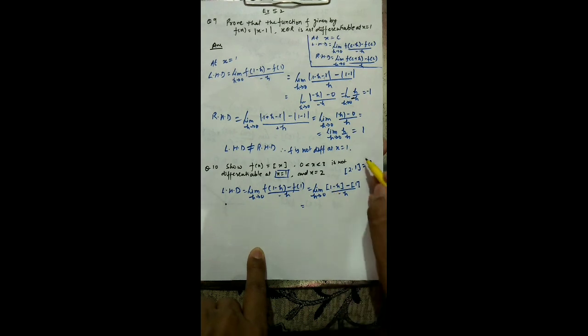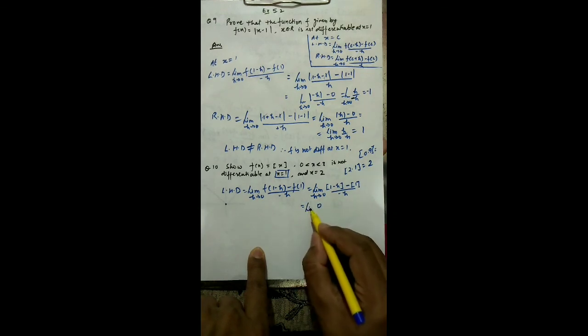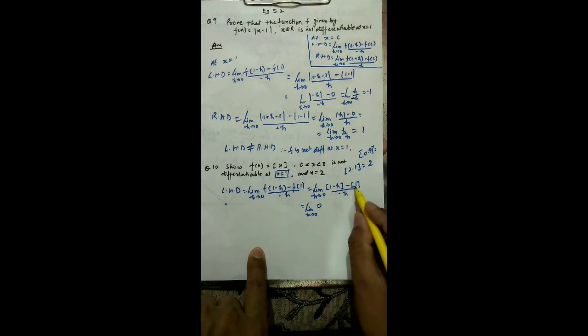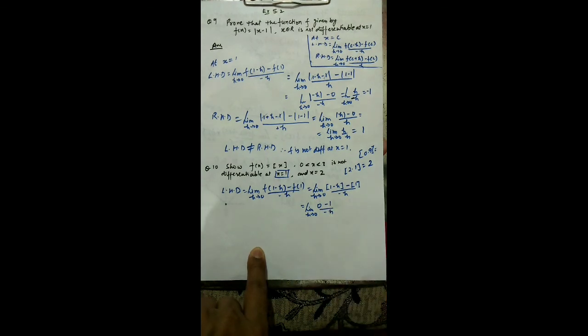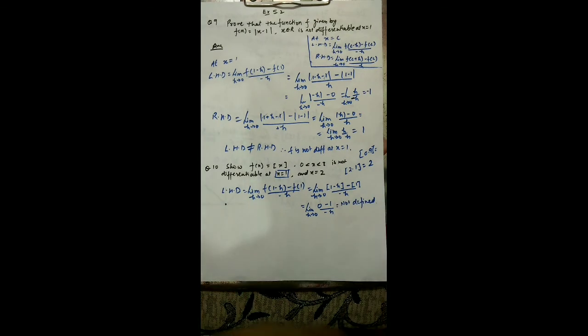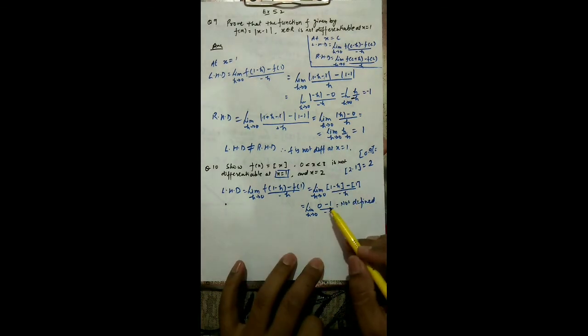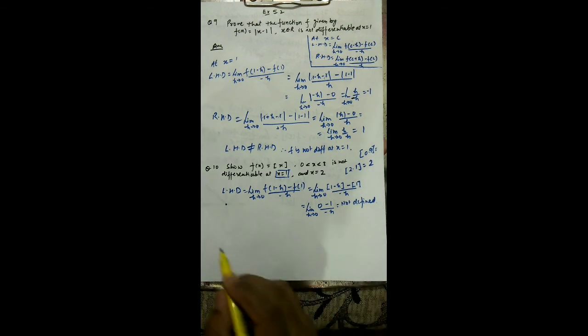For example, it will become like 0.9, and the greatest integer of 0.9 is 0. So f(1) is 1, and this is minus h. After solving it you are getting 0 minus 1 upon minus h. So you can see when you put h tends to 0, this is not defined.